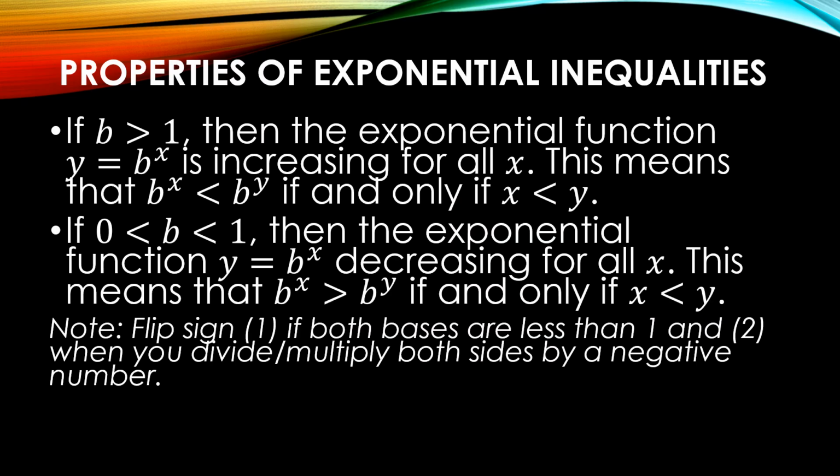Now we have the properties of exponential inequalities. These are important in solving exponential inequalities. So first, if b is greater than 1, then the exponential function y equals b raised to x is increasing for all x. This means that b raised to x is less than b raised to y if and only if x is less than y.